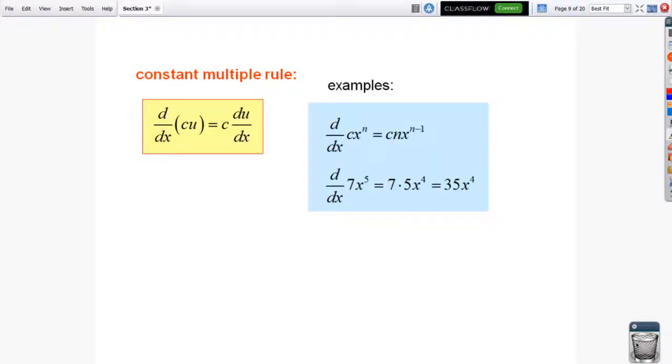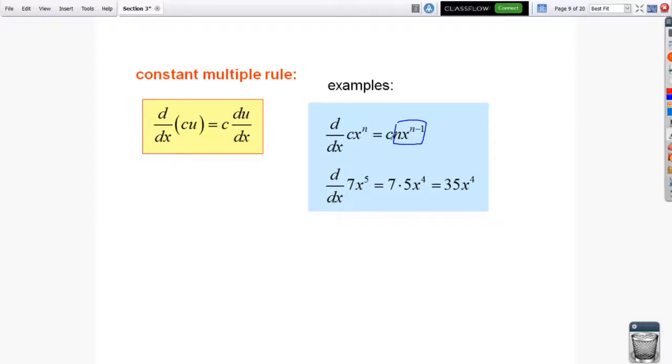The derivative of c times, we'll call it u, is c times the derivative of u. Putting it in terms of the power rule, the derivative of c, where c is any number, x to the n is c times n x to the n minus 1. And this part right here is just the power rule with the constant in front of it.